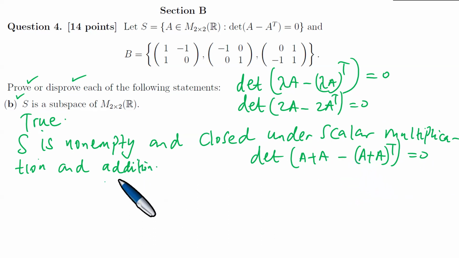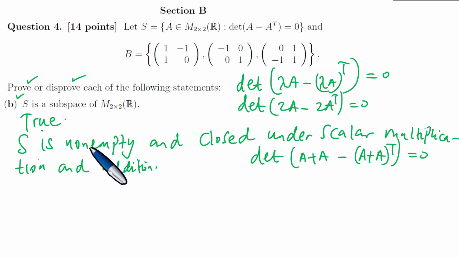Because it is non-empty and closed under scalar multiplication, addition can actually be observed in this sense. So without wasting a lot of time here, because they do not expect lots of details, it's ready to say it's true, S is non-empty.